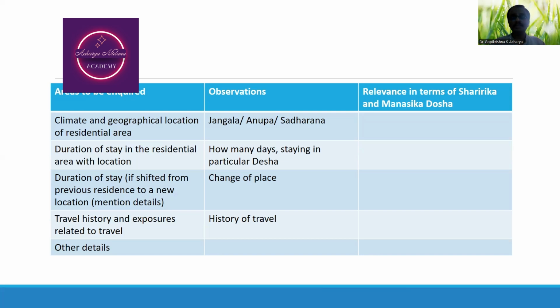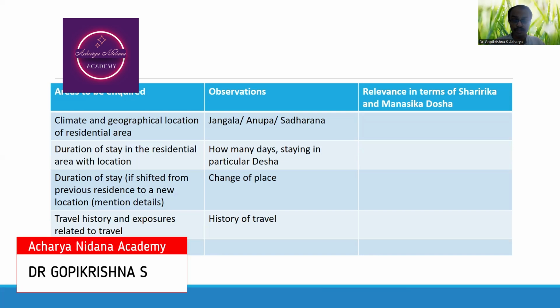If the person is residing in desert-like places or where there is less water, there may be a possibility of vata dominant diseases. In this way, the climate or geographical location will be helpful in determining the disease manifestation.